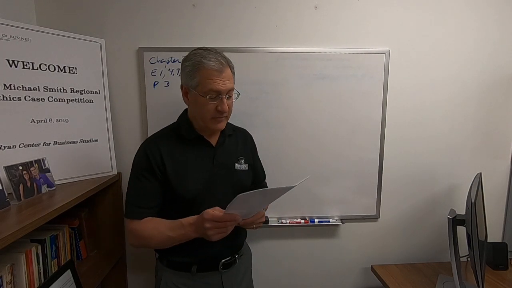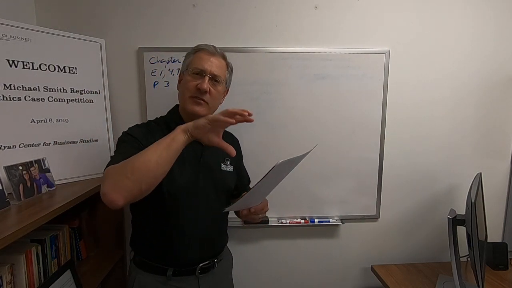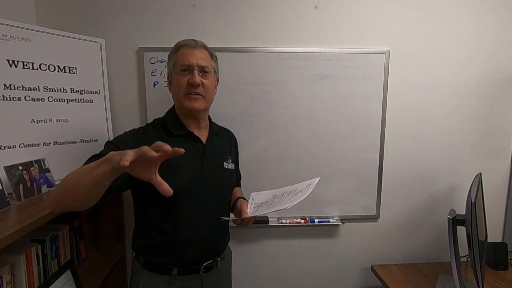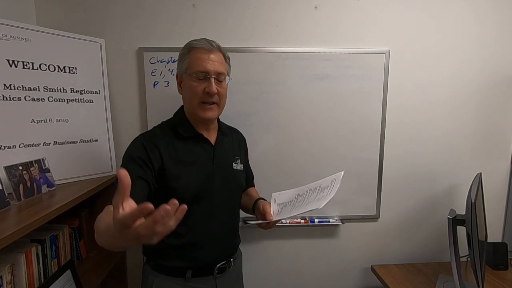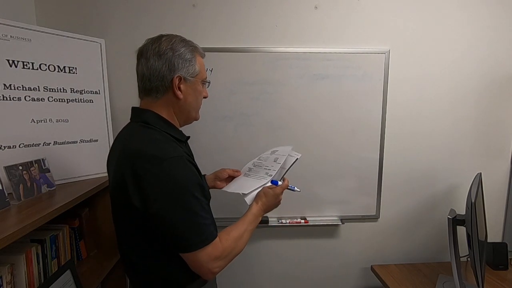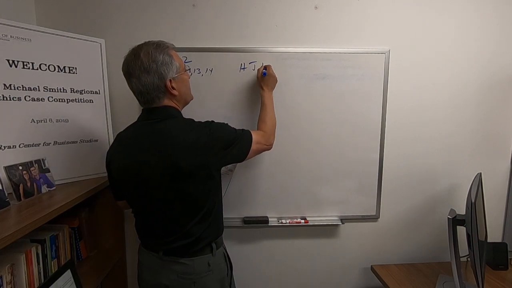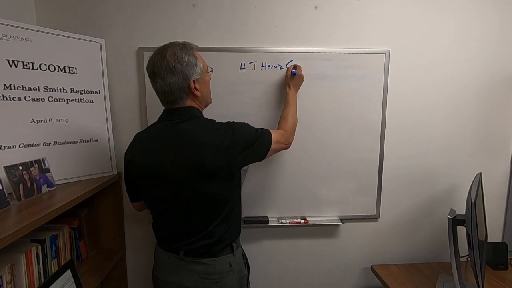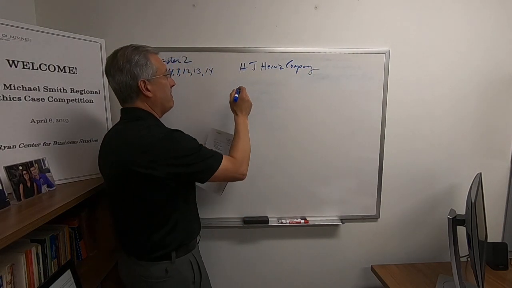Let's take a look at the solution. Again, they've given you a bunch of accounts, and remember, this is for the asset section of the balance sheet, and assets are listed in the order of liquidity. They ask you to put a heading on there, so H.J. Heinz Company, the name of the company.